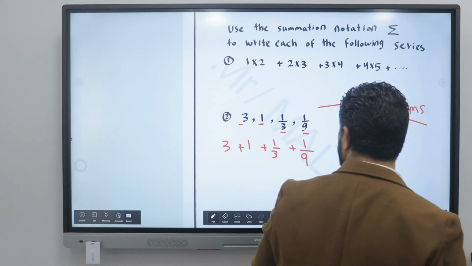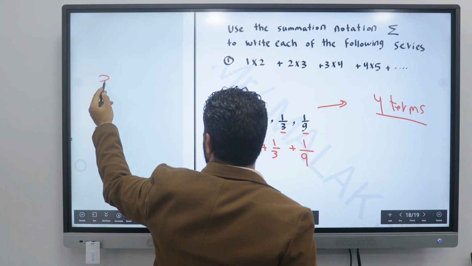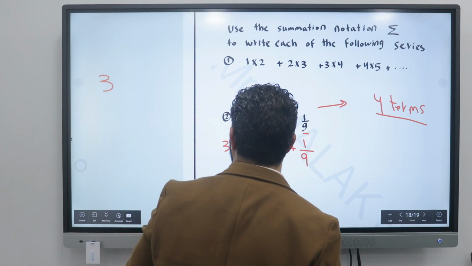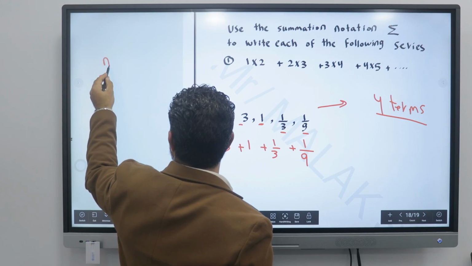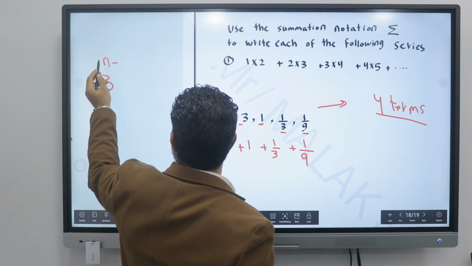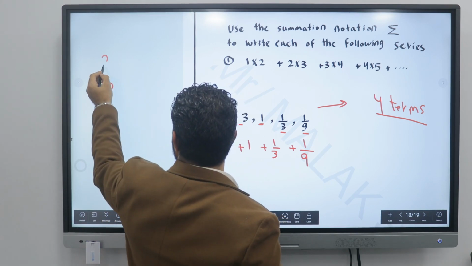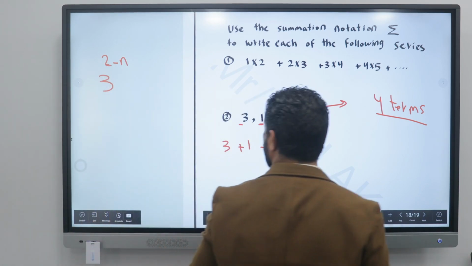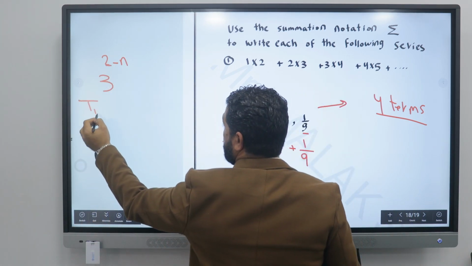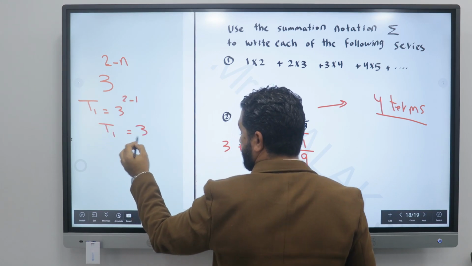If you try many times, you'll find it's 3 to the power of 2 minus n. Let's check it. If I asked you about the first term, it's 3 to the power of 2 minus 1, so T1 equals 3.